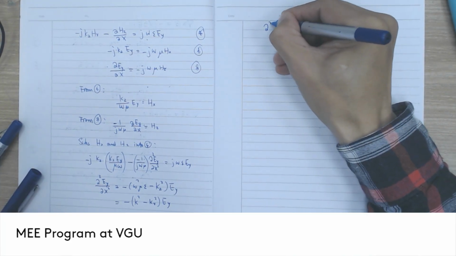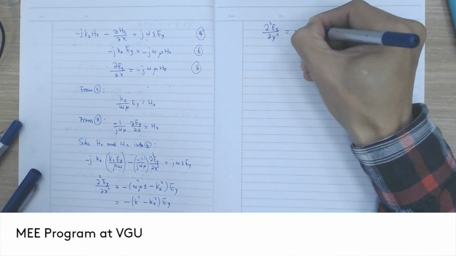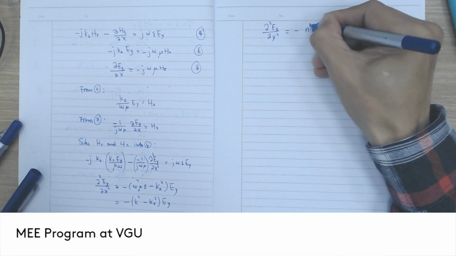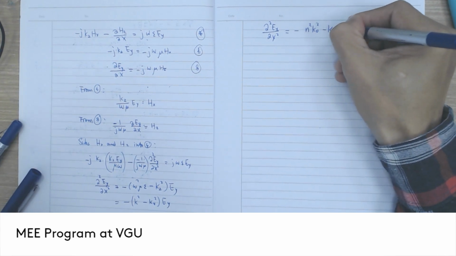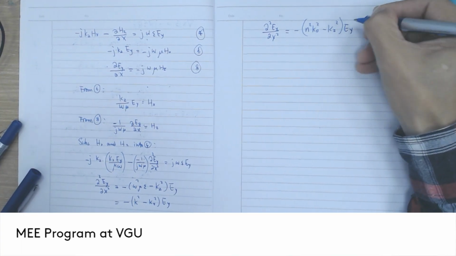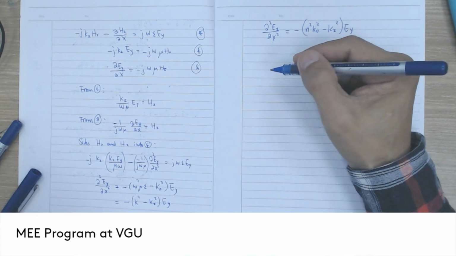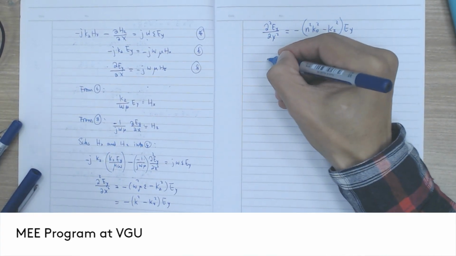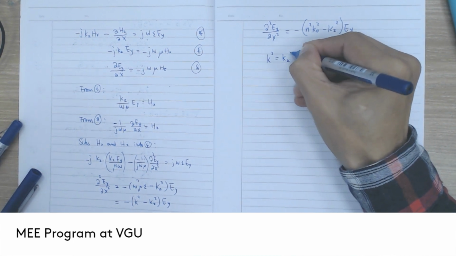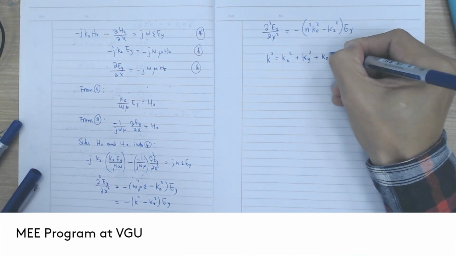So this one is n k naught square. And remember, one thing, we already know k square is equal to kx square plus ky square plus kz square.